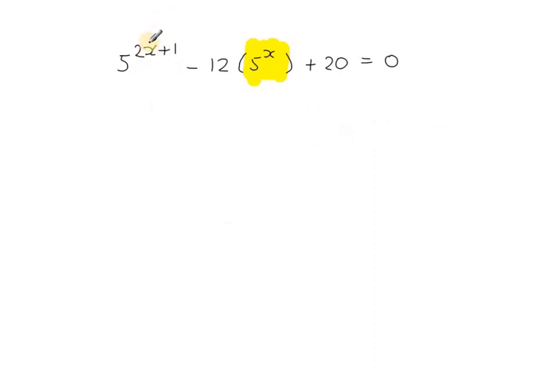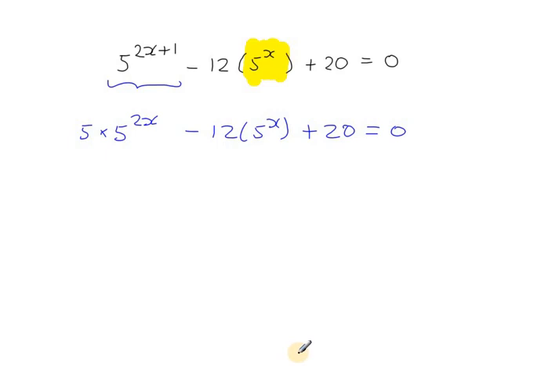However, I'm adding indices here, so this term can be written as 5 to the power of 2x times 5 to the power of 1, like this. And then if I just copy the rest of the terms, and now this squared will give me this. We're not looking at the coefficients, ignore those, just look at the x term. If we square 5 to the power of x, you get 5 to the power of 2x. So this equation can be written as a disguised quadratic.